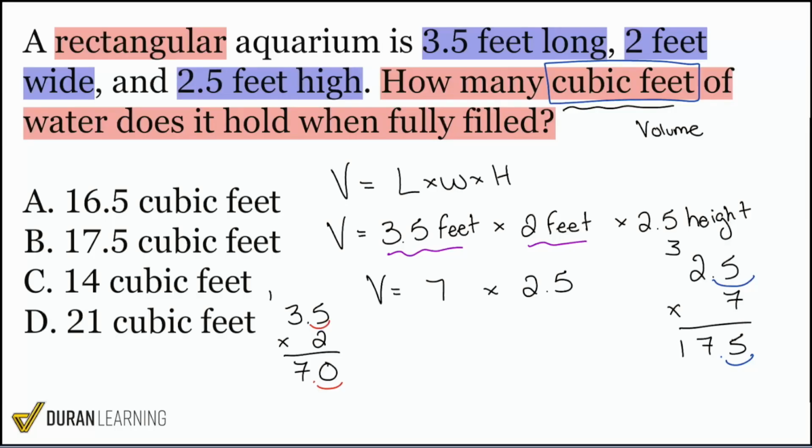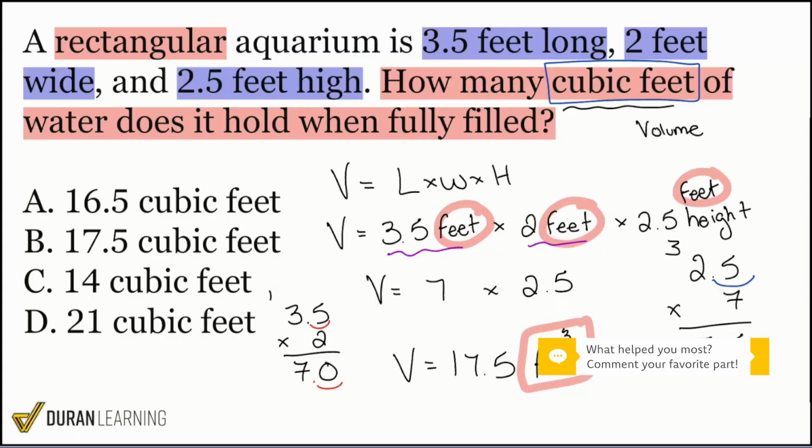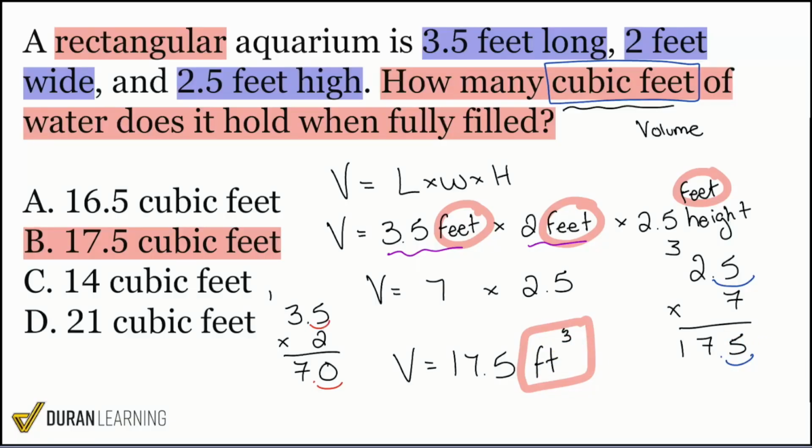So boom, our final answer is the volume is 17.5, and it's going to be 17.5 cubic feet. Because again, we have feet multiplied by feet multiplied by feet again. And that is what gives us feet to the power of 3 or cubic feet. But nonetheless, everyone, our final answer here is answer choice B, 17.5 cubic feet.